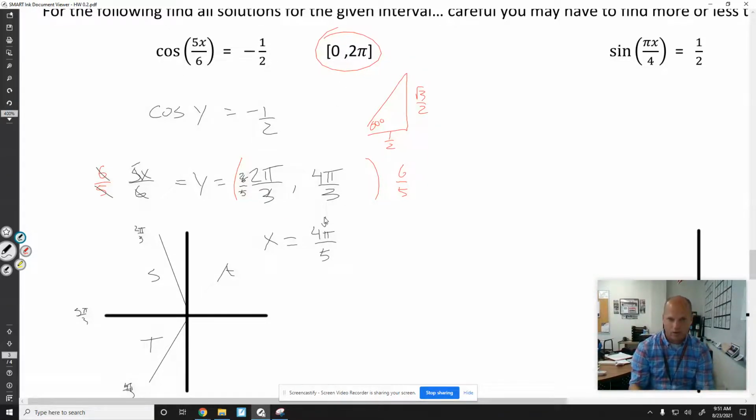It is. It checks out. Good. Let's do the same thing here. 6 over 5. You can either say it's 24/15 and then divide the top and bottom by 3, or cancel the 6 and the 3 to make it a 2 and a 1. 8 over 5. Now we look at this solution and you say, is this between 0 and 2 pi? It is. Keep it. That's good.